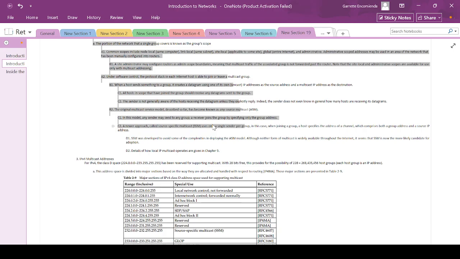When a host sends something to a group, it creates a datagram using one of its own unicast IP addresses as the source address and a multicast IP address as the destination.